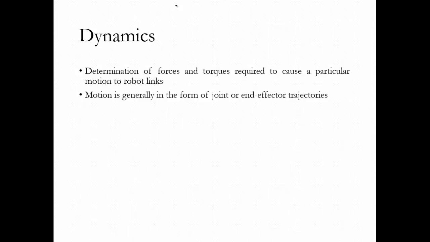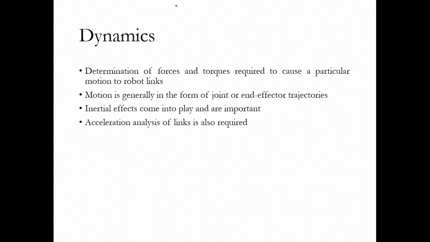Trajectories would mean the profiles of joints or of the end effector in terms of position, velocity and acceleration. So inertial effects come into play and are very important in dynamics, which also means that acceleration analysis has to be done. We had seen in previous lectures the velocity analysis and the position analysis; acceleration analysis would be required in this case.